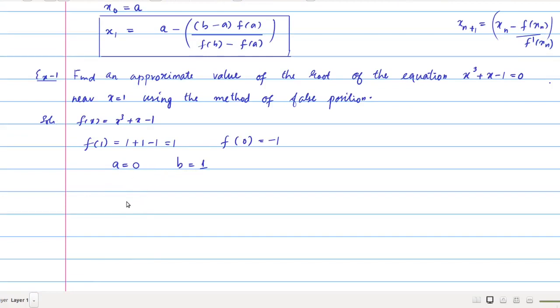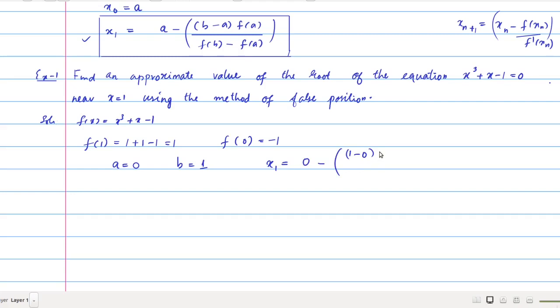So using this formula x1 equal to a minus this, we can find the first approximation. If a equal to 0, b equal to 1, then we write x1. What is x1? x1 is a minus, we use the same formula. Instead of a we have 0 minus of 1 minus 0. So this is b minus a.